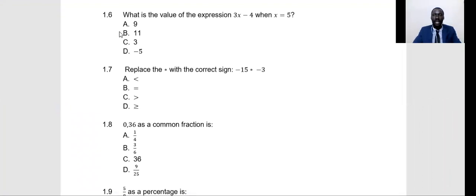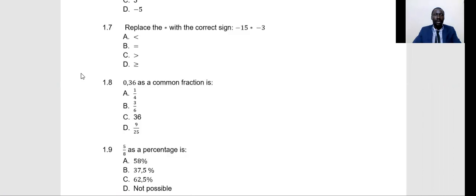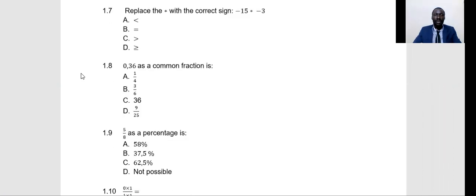Well, the other thing that we now want to look at is question 1.7. Question 1.7 is saying we have to replace the star sign here with the correct sign as one of these. So we can either put less than, or equal to, or greater than, or greater or equal to.